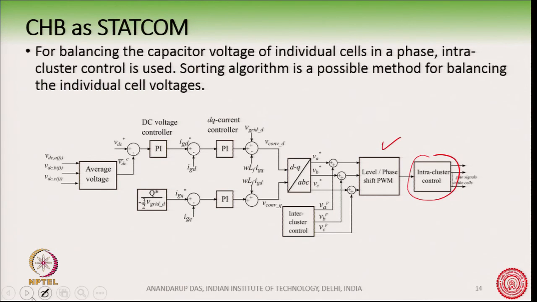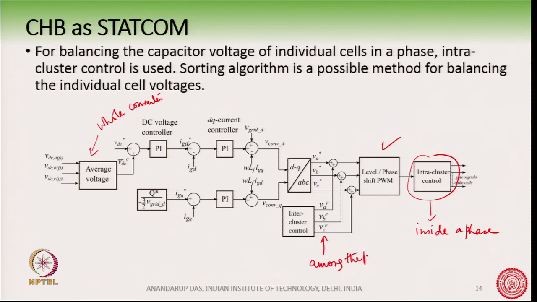Intra cluster means we can do, suppose, a sorting algorithm, okay, among all the capacitors inside phase A. So, this is inside a phase, okay, and this is the whole converter, and this is among the phases.